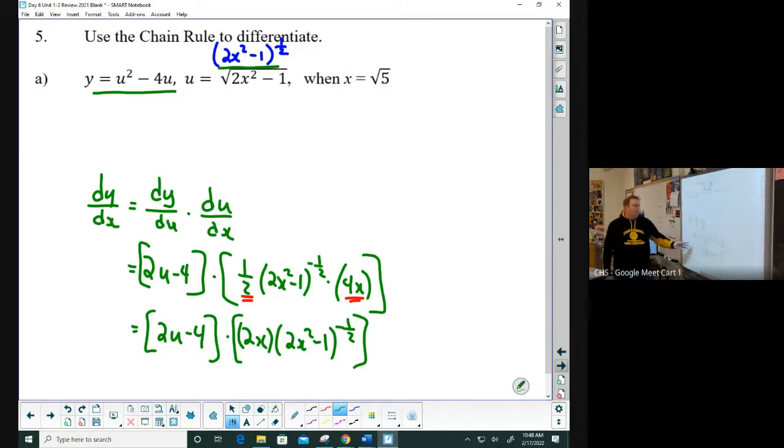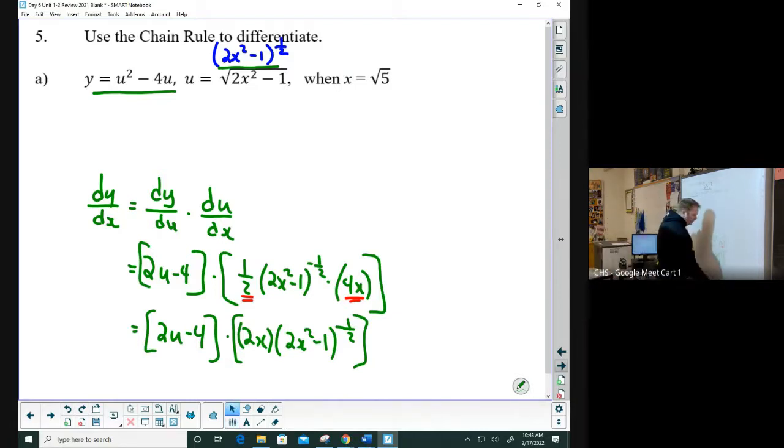I don't see anywhere else where I can do any easy simplifying, so I'm not going to bother. But that's the derivative, and I didn't ask for the derivative, I asked for the slope of the tangent, or using it at x equals root 5.